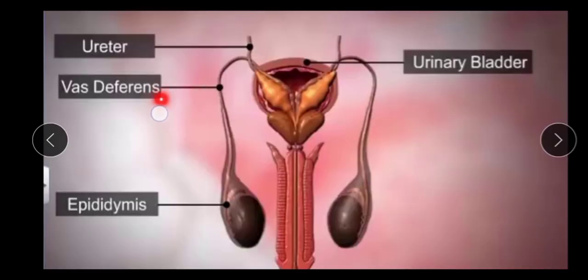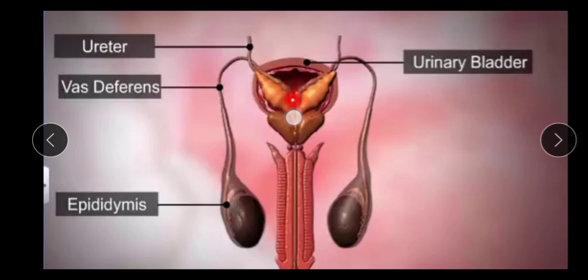This is the vas deferens, also called the sperm duct, and it arises from the cauda epididymis. It loops around the urinary bladder and passes through the seminal vesicle. This one is the seminal vesicle.